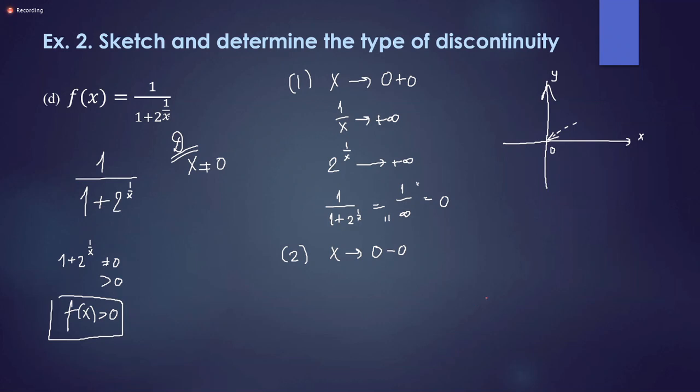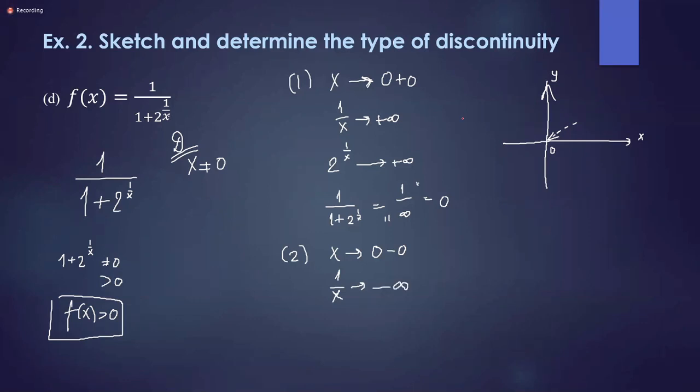So if x tends to 0 staying negative, 1 over x is 1 divided by infinitely small, which is infinitely large but negative, because now x is infinitesimal but negative. Because this is positive, this here is negative.